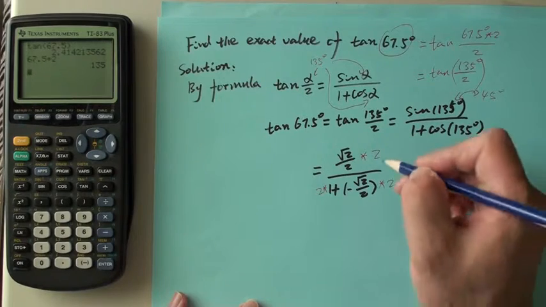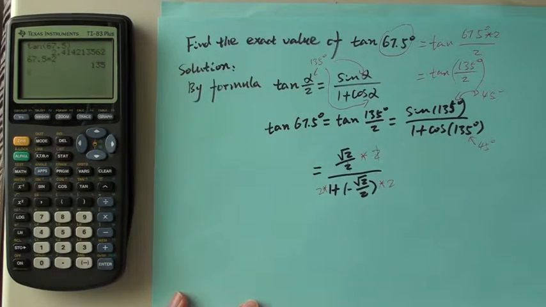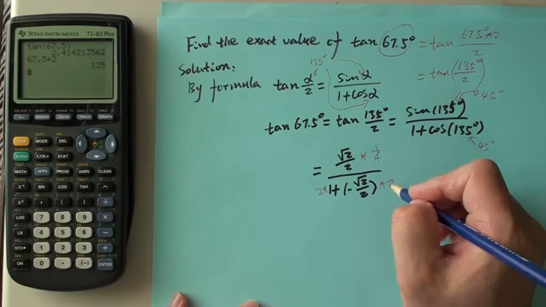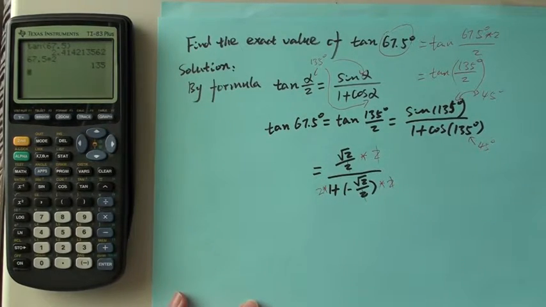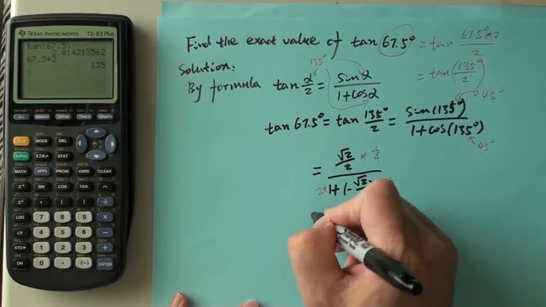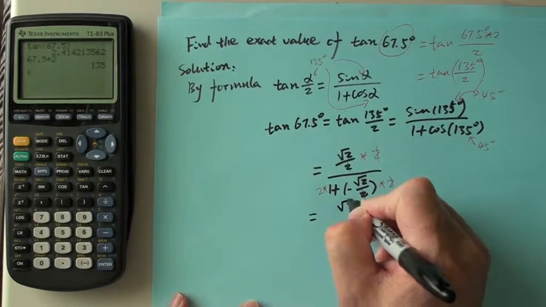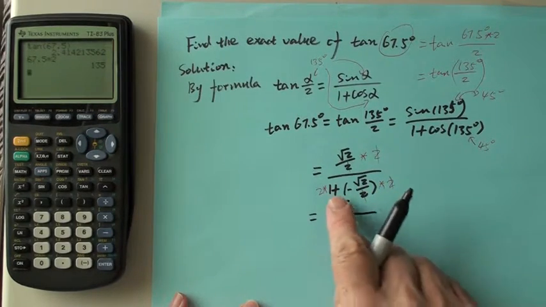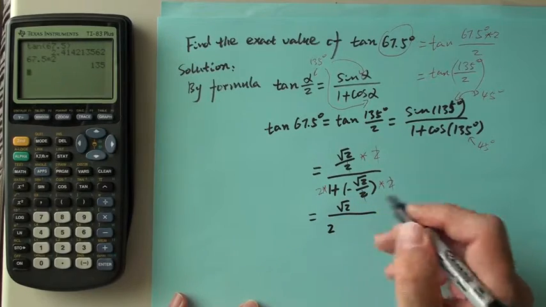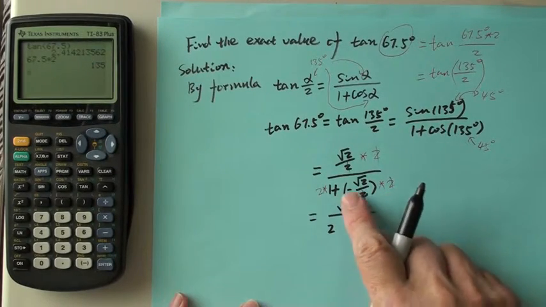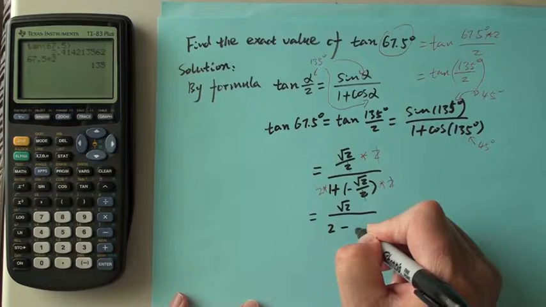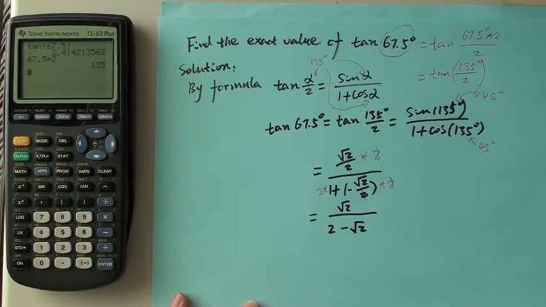Then you cancel the 2s. What you have is radical 2 upstairs. Downstairs, 1 times 2 is 2, and 2 times negative radical 2 over 2, so you have 2 minus radical 2.